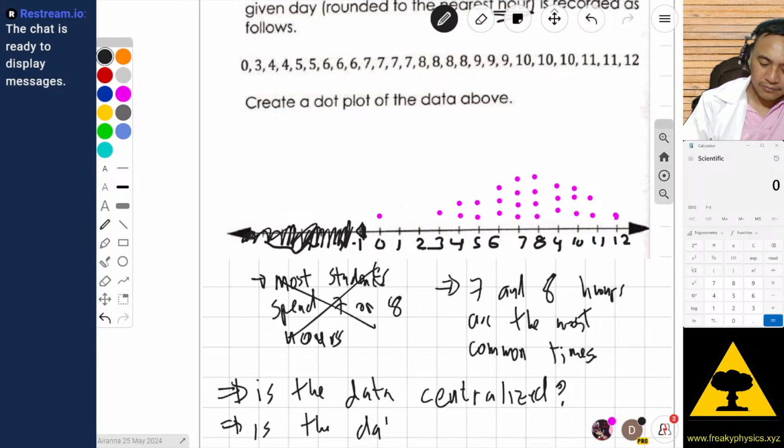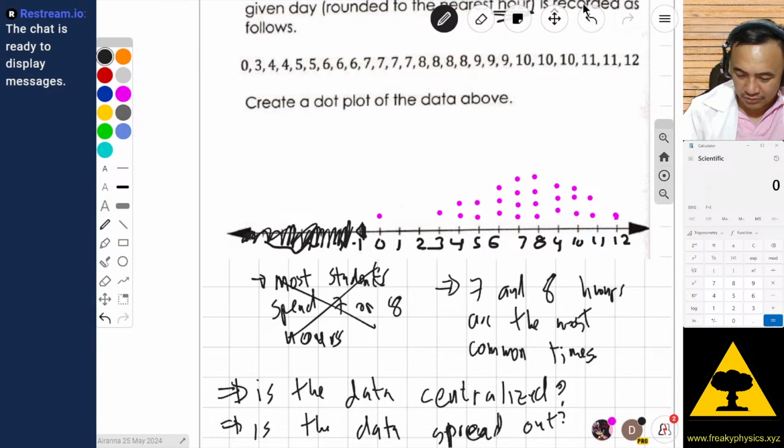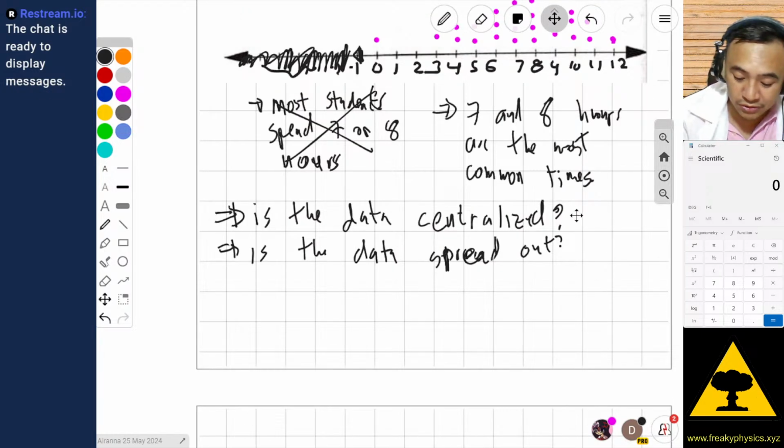We will be talking later about the specific terms and qualities used to describe whether the data is centralized or spread out.